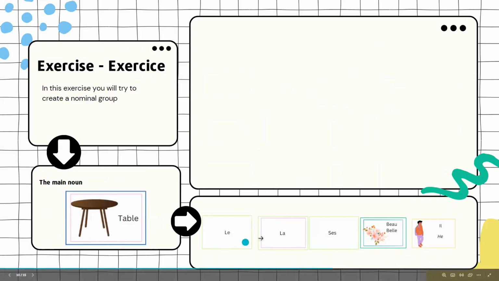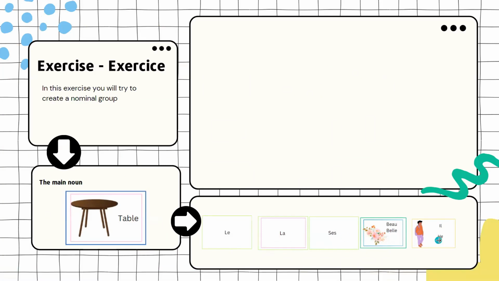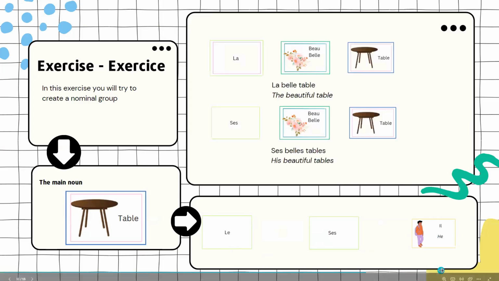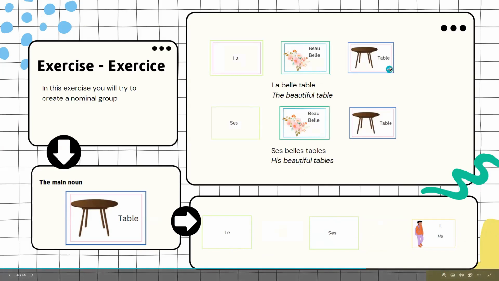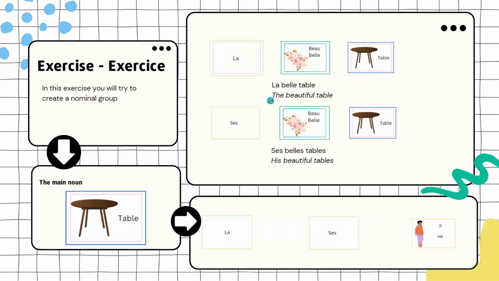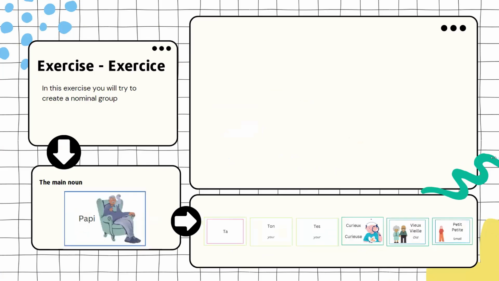We have le, la, c'est, beau, belle, il. You can pause here, and now the answer. You could write la belle table, the beautiful table, or you could write ses belles tables, his beautiful tables.